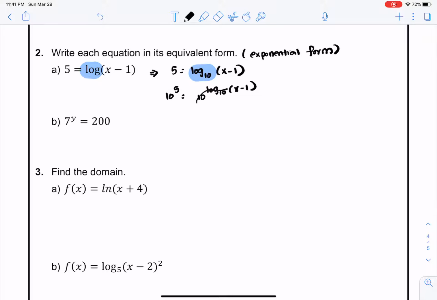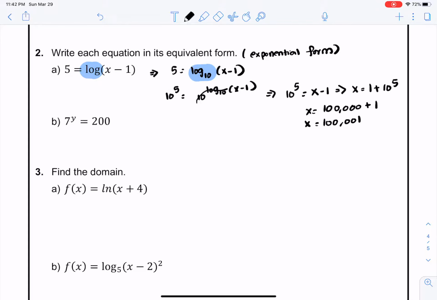And those two would sort of go away, which should imply 10 raised to 5 equals x minus 1. x would equal 1 plus 10 raised to 5, which is x equal to 100,001.